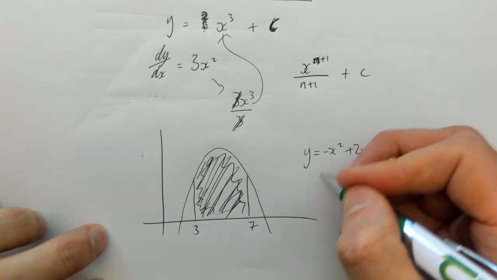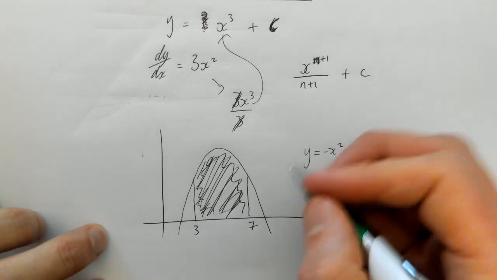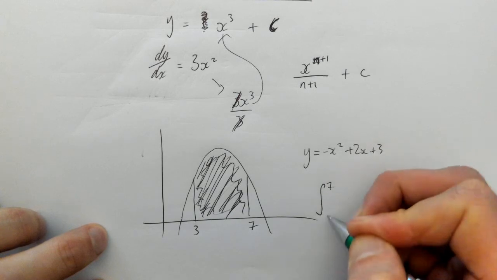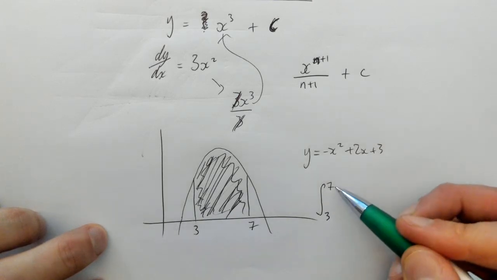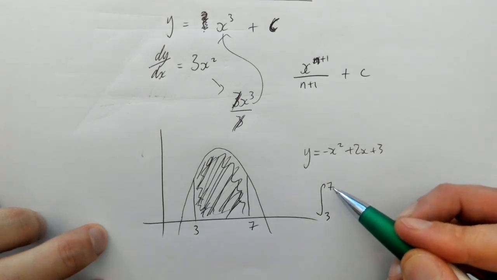If I integrate this, I'd notate it like this, 7 and 3. This is called a definite integral.